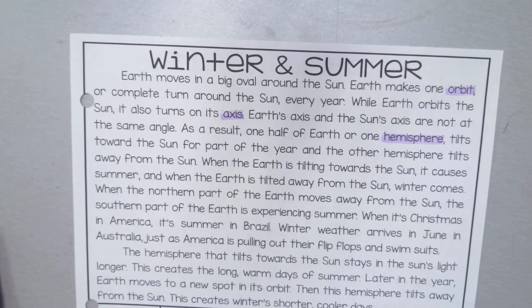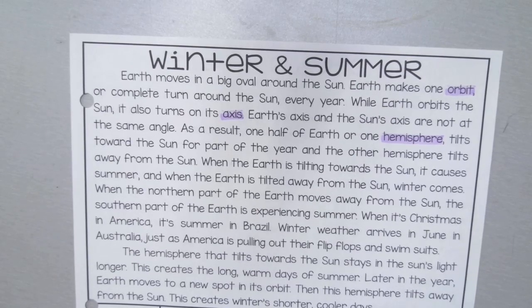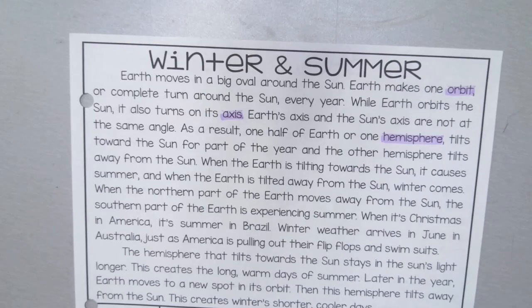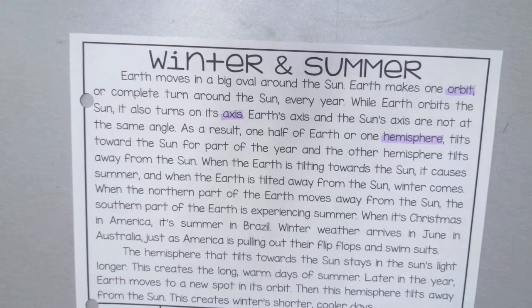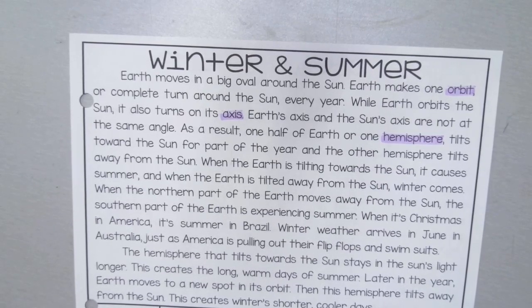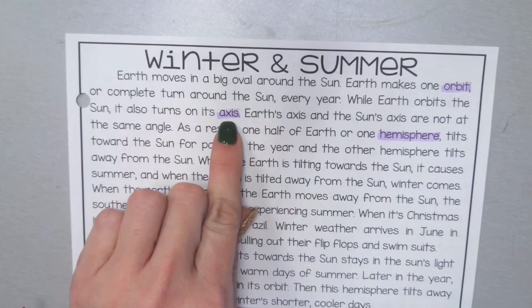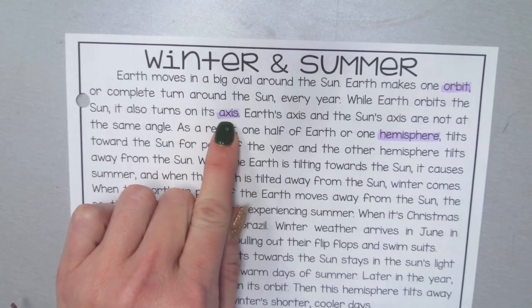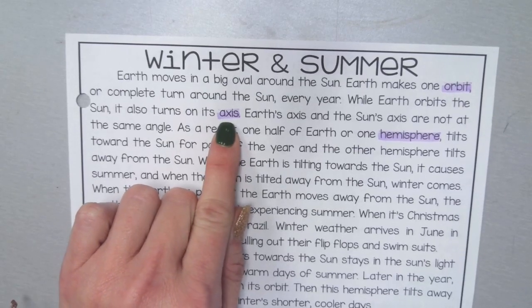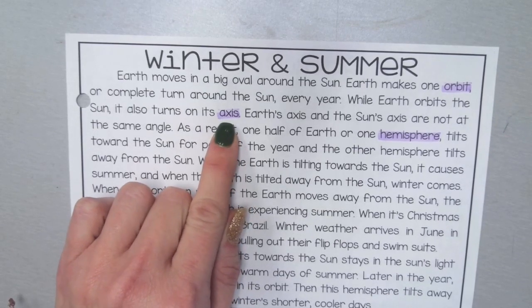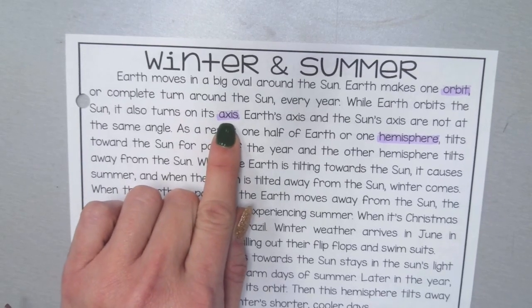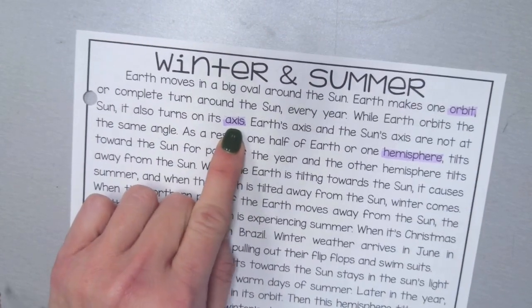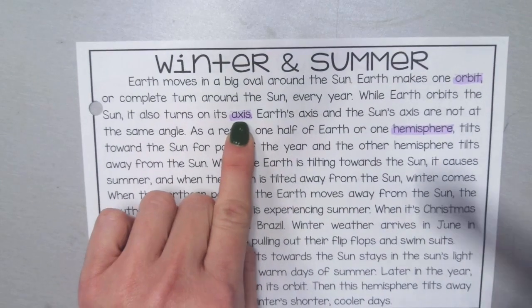Access is spelled A-C-C-E-S-S, and that's like if you have access to something, if you can use it or you have the ability to have it. But this is A-X-I-S, and this refers to the imaginary pole that runs through the center of the Earth from the North Pole through the middle down through the South Pole. So that's the type of axis that we're referring to.